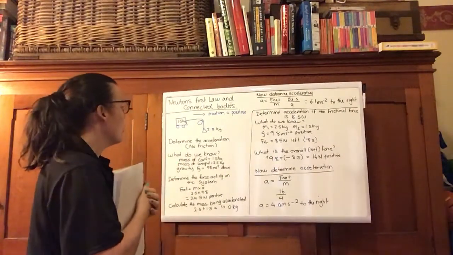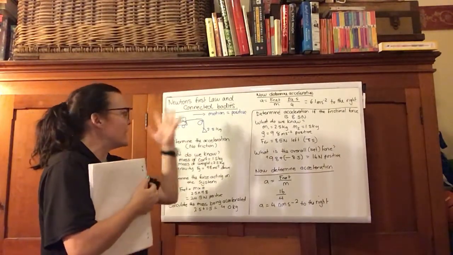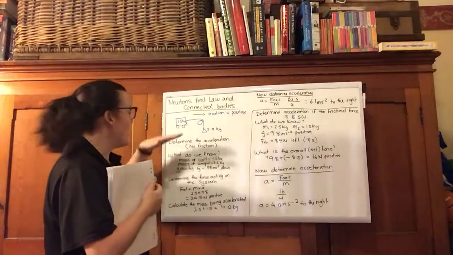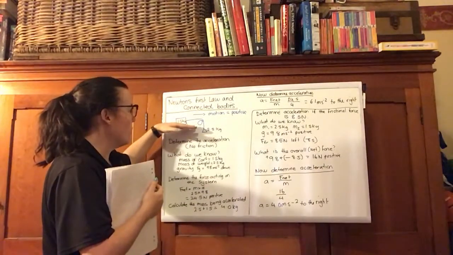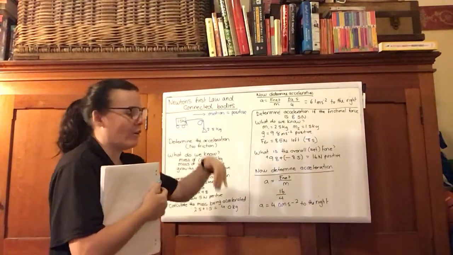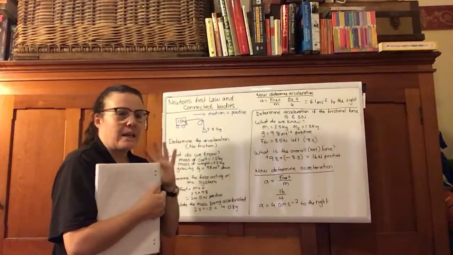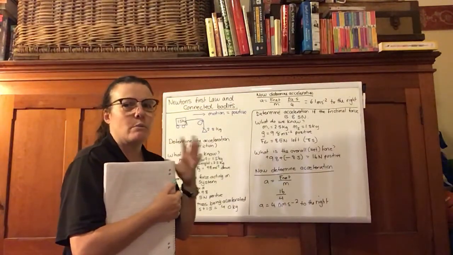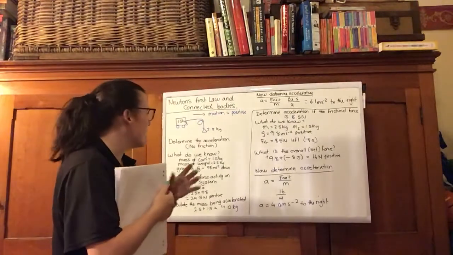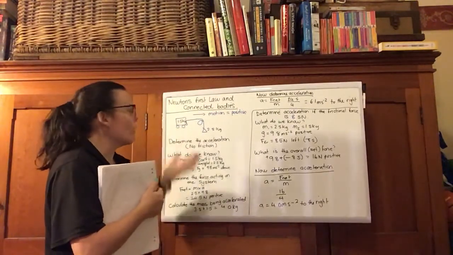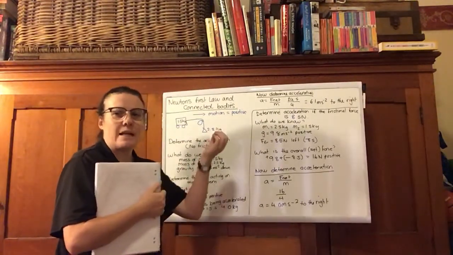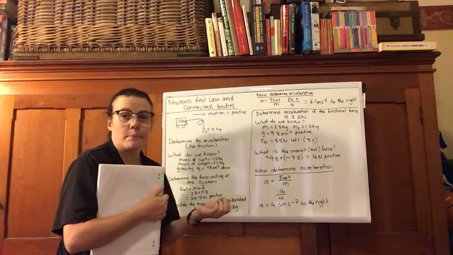And what we want to know is, if we take out friction, so imagine that this trolley is sitting on a table and the weight is hanging off the edge of the table. If we take out friction for now, we're not going to consider friction just yet. What is the acceleration of the trolley if the weight is allowed to free fall?